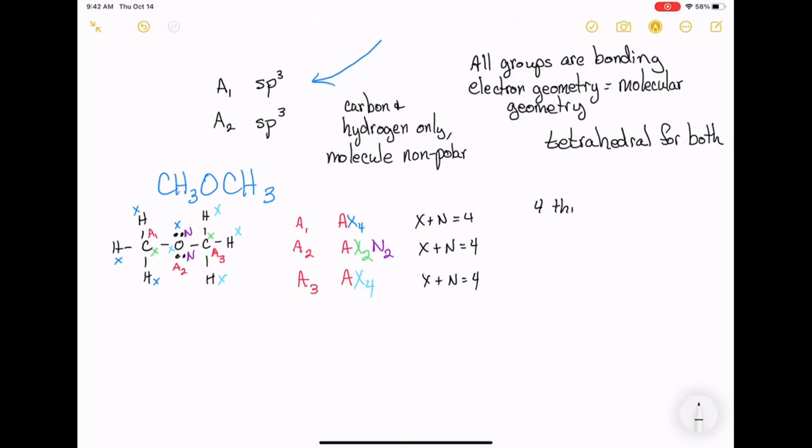Four things on the central atom means the electron geometry is tetrahedral.